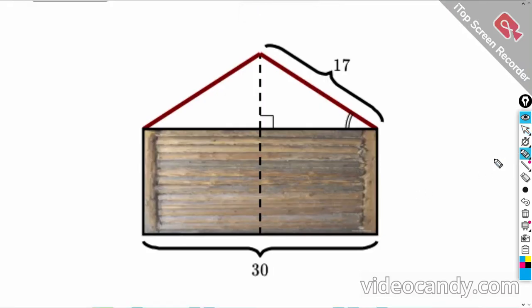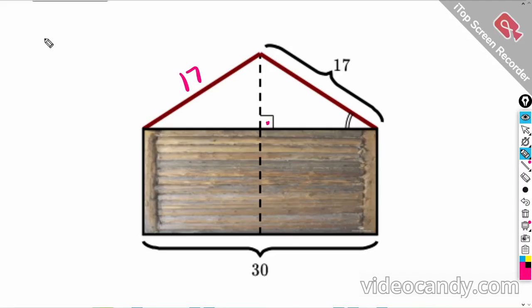And we can assume that he's going to make this even or symmetrical on both sides. So if this one is 17, this one here is 17 as well. Now notice there is a right angle here. So if you draw in the height of an isosceles triangle, remember the isosceles triangle has two congruent sides. If you draw in a height perpendicular to the base, it is going to bisect the base or cut it in half.